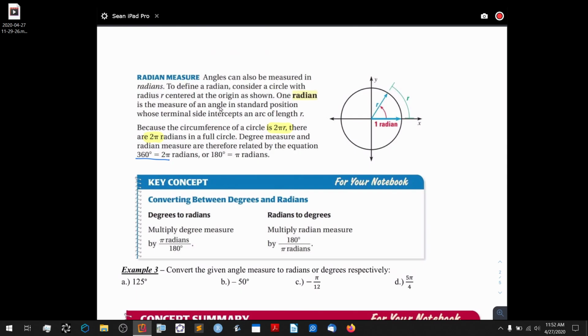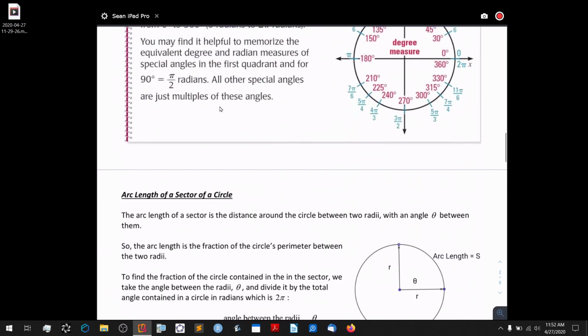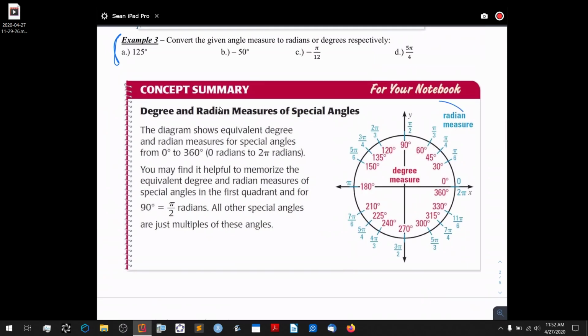Okay? And so I'll give you the formula, but unfortunately for you, you're going to have to either understand this or memorize it. Now, I don't recommend memorizing it.